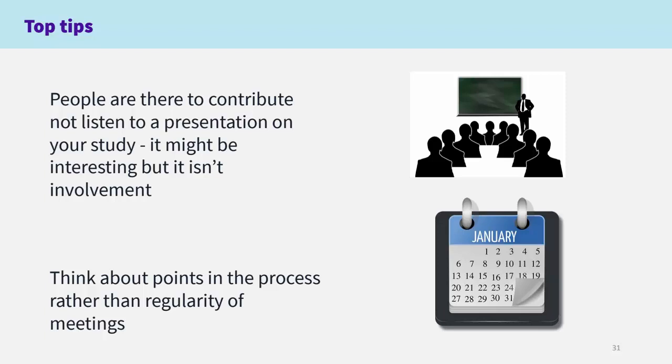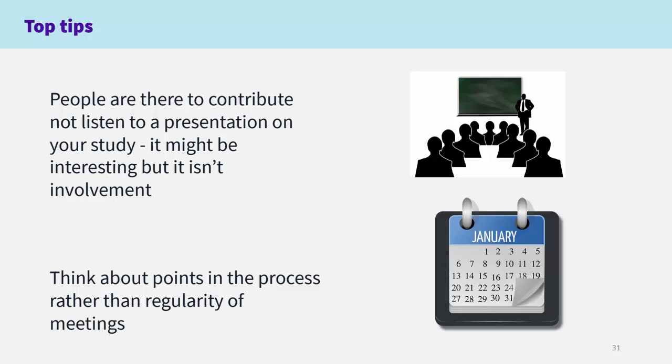So my top tip would really be that people are there to contribute, not just listen to a presentation about your study. Certainly people will find it interesting listening to a presentation, but it isn't really involvement. So, really think about what role members of the public want and need to have in your study. That would be the one thing I've seen most people go wrong on, which is too much presenting.